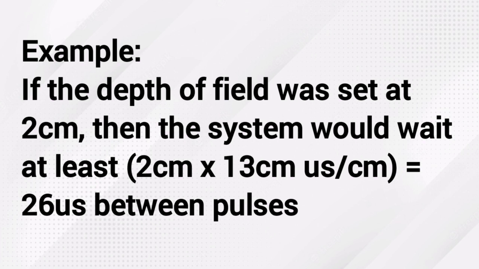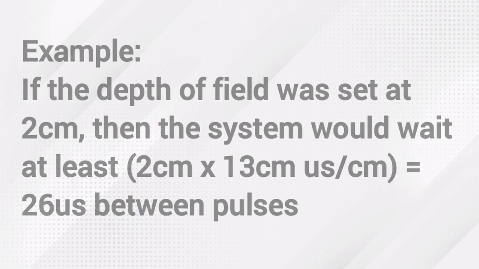That is, the depth of field limits the minimum PRP, the time between the start of one pulse and the start of the next pulse, and thus it will set the maximum PRF also, which is pulse repetition frequency. In this way, range ambiguity will be avoided.